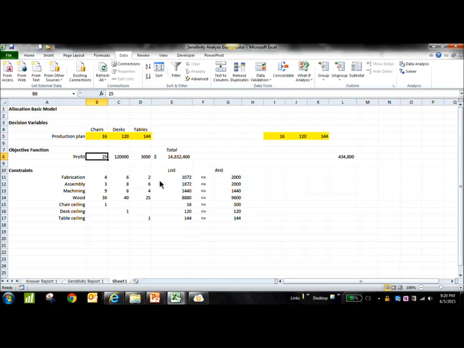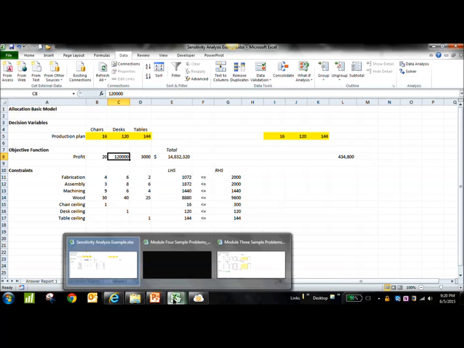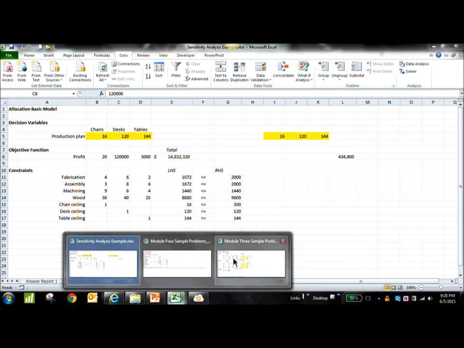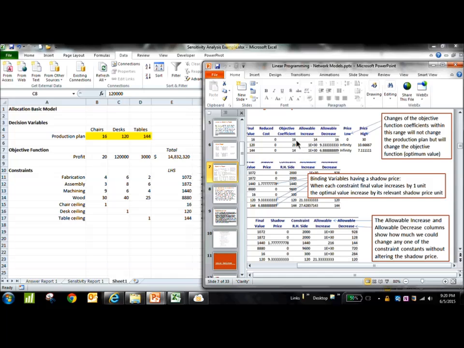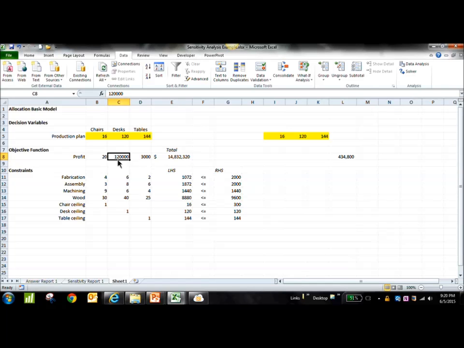Let's compare this to this in 1 second. I'm going to put the values where they were. So this one was a 20, correct? Let me make sure. It was 16, 20, and 30.